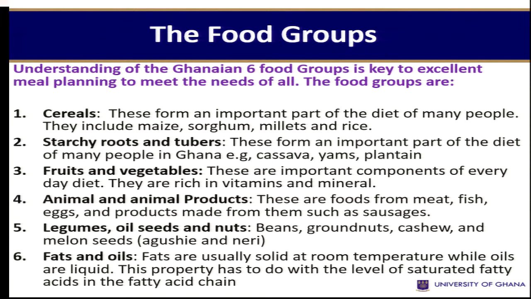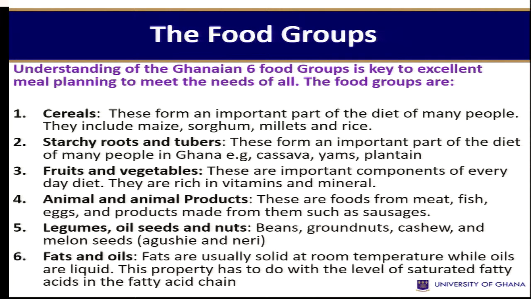So it makes it easier when we are doing education. But otherwise, you stick to the 6 food groups that you can eat. Whatever is in the cereals, whatever is in the starchy roots and tubers, if you don't have cereals, don't worry. The same energy you get from the starchy roots and tubers. There are so many of them. So once you choose any from these 2 groups, you are okay for your carbohydrates.